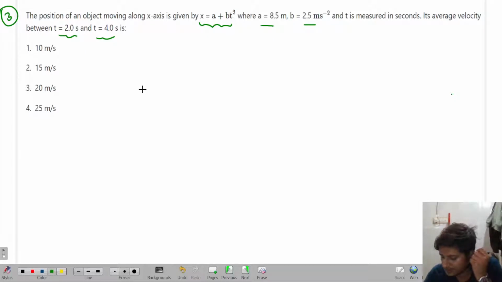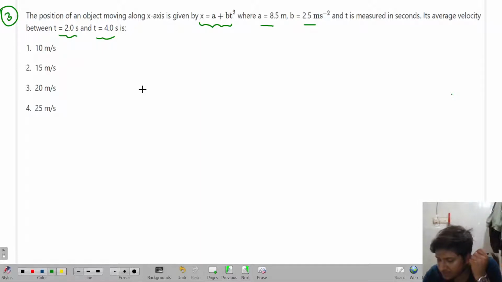Sir, 15 meter per second. Yeah, you have to think a little bit. Try to do it fast, everyone. We just check whether it is streaming on.